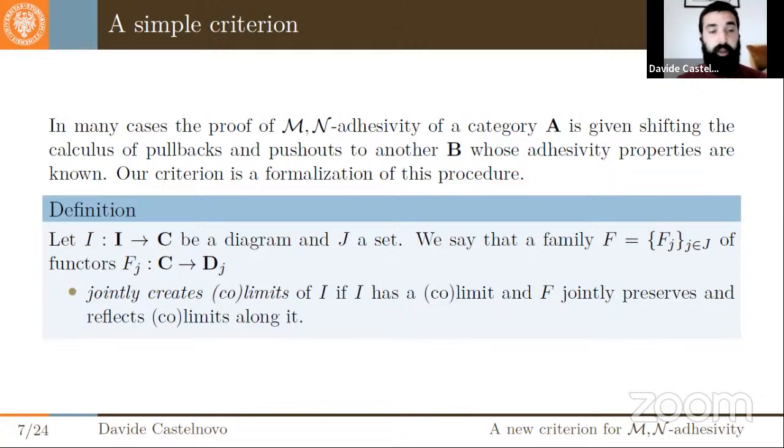And finally, we have joint creation of co-limits, or co-limits of co-limits of I, if I has a co-limit and F jointly preserves and reflects co-limits along it.